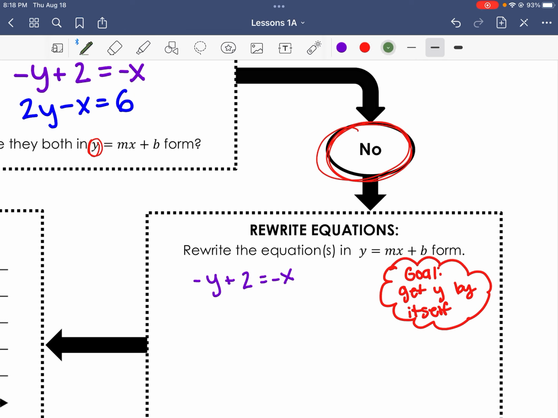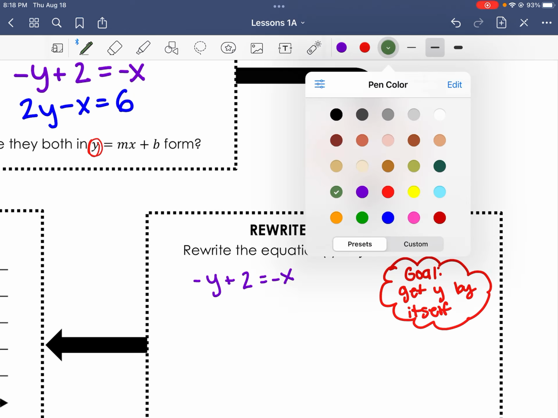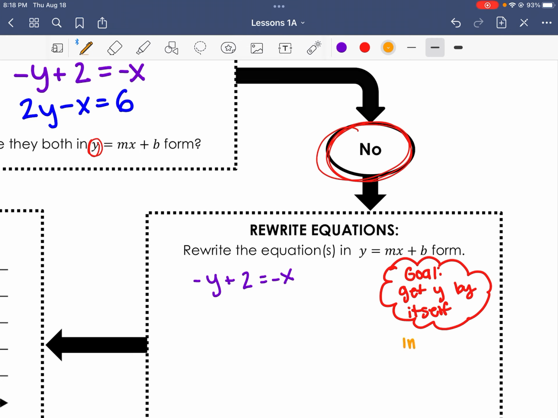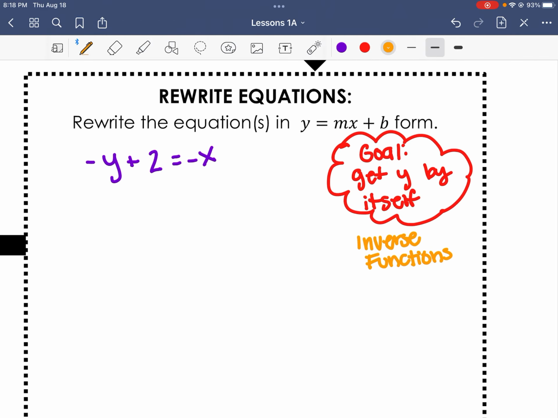But in order to get y by itself, we have to go over something called inverse operations. Hopefully this is kind of ringing a bell. With every operation, there's an opposite one.